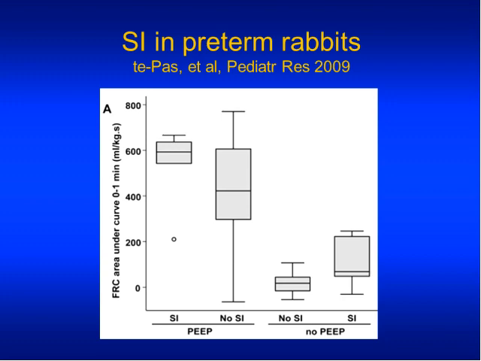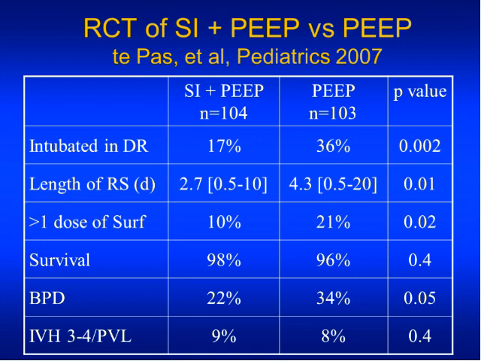So there's been a lot of interest in sustained inflation in the delivery room as a means of facilitating transition to extra-uterine life, and there are several clinical trials that suggest that it may be of benefit, but we're not quite there yet.